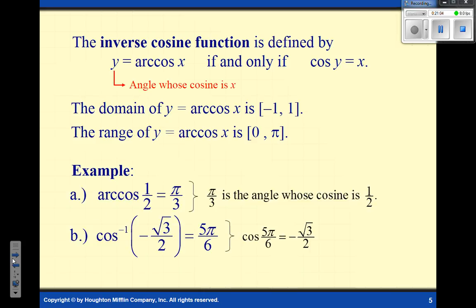This first one says, what angle on the unit circle has a cosine ratio of 1/2? So you use your hand and you make your fingers work so that you see cosine of 1/2. So what finger goes down?